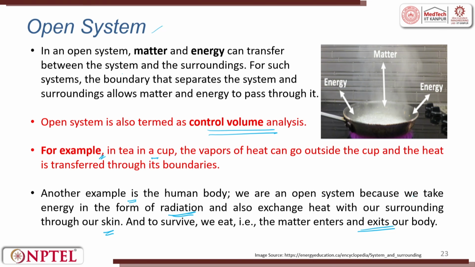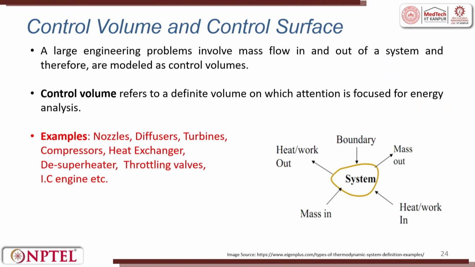That is what the Government of India has also given under the energy initiative schemes. Because we take energy in the form of radiation and also exchange heat with the surroundings through our skin, your temperature is high and the external temperature in an AC room at 18 degrees is very low, so you start rejecting heat.